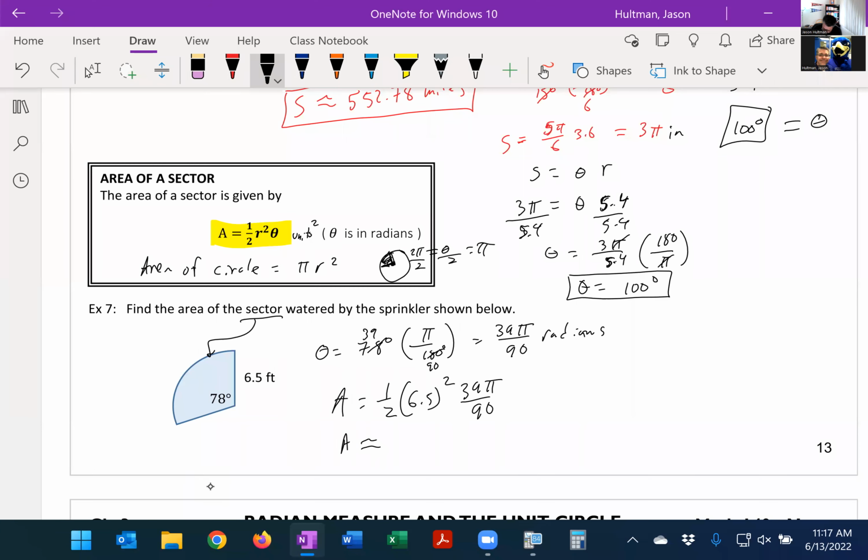So let's go back here. This is 28.76. And what are my units? My units are square feet, or feet squared, because it's area. The A stands for area.